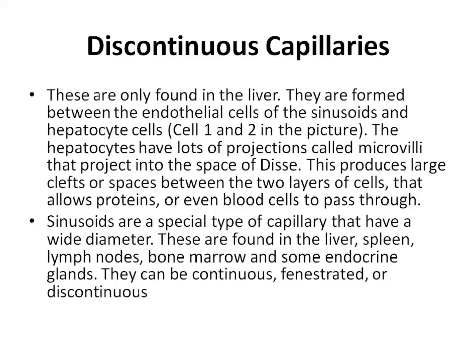hepatocytes, the basic tissue of the liver, but that tissue is arranged in such a way that it has large sinusoids or gaps between the hepatocytes. Between the layers of hepatocytes there are a large number of gaps, and these gaps are called sinusoids.